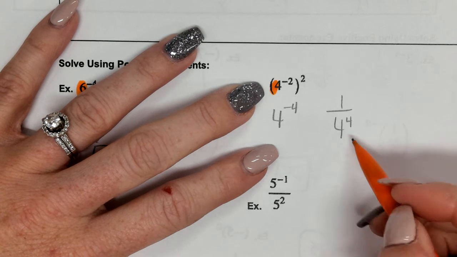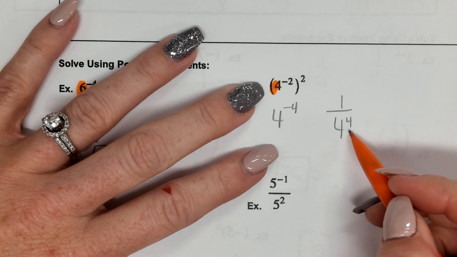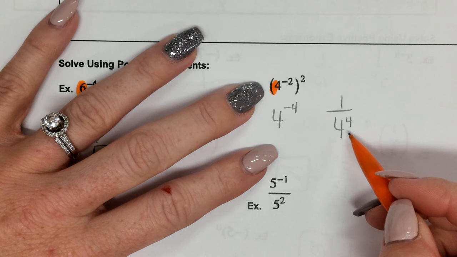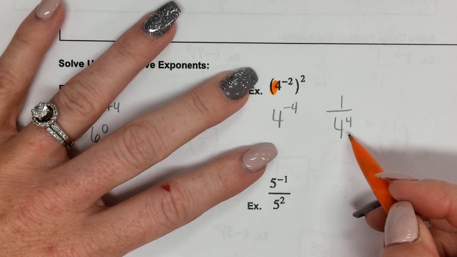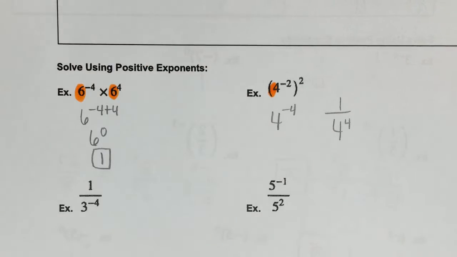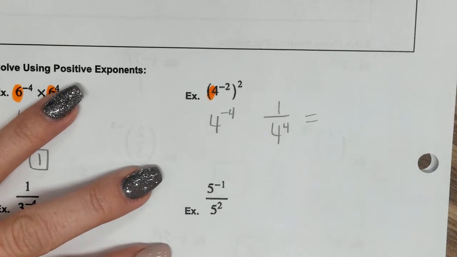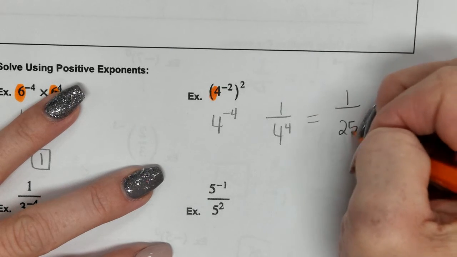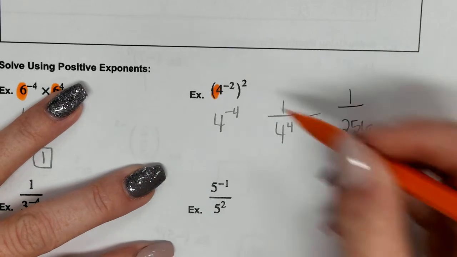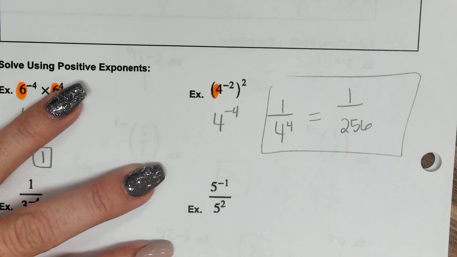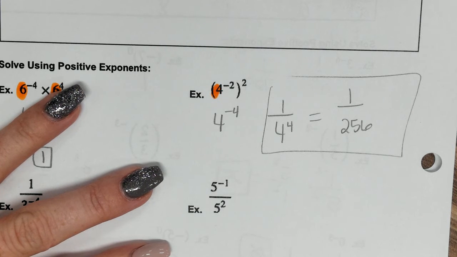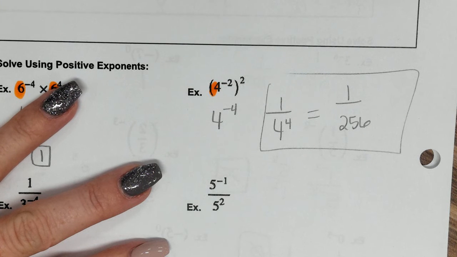And could I expand that since it's not super big? Yes, you can. Anytime the exponent is not super big, they might expand it on the EOC test. So be understanding that the answer could be 1 over 256. Both of those answers are correct. 4 times 4 times 4 times 4.